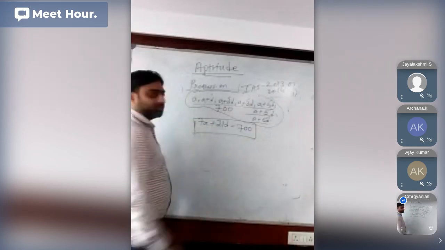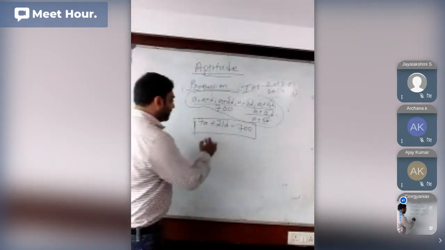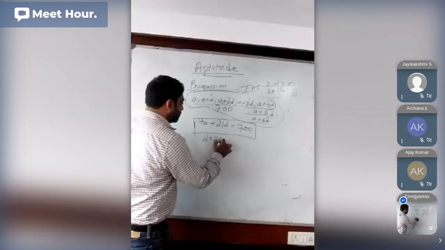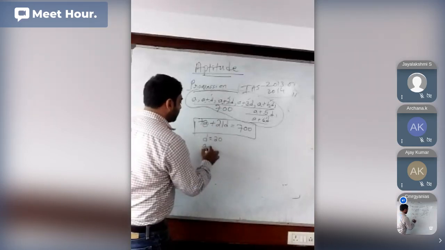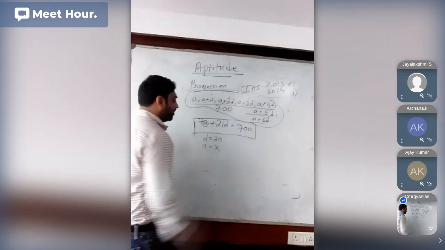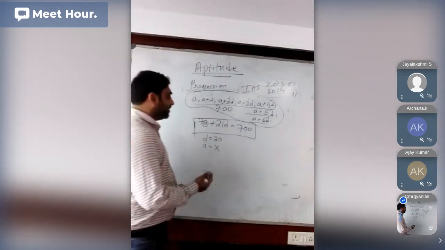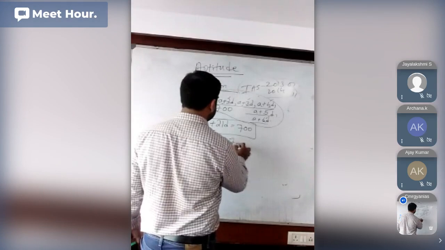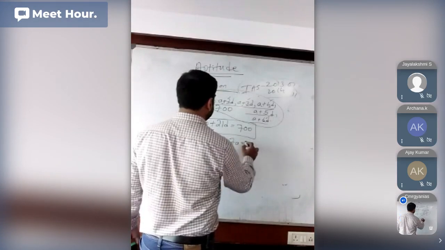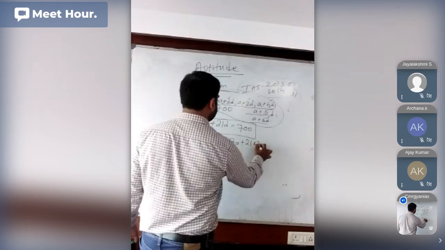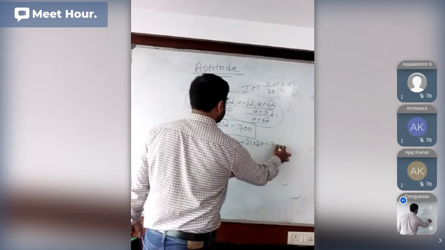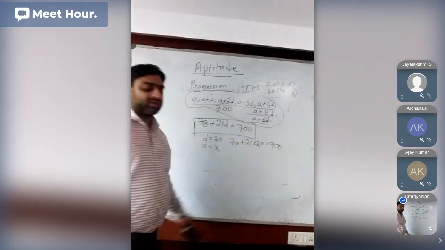This is the equation. We know D is equal to 20. He is telling us to find the least value, the value of A. So now it is very, very simple. It becomes 7A plus 21 into 20 equal to 700.